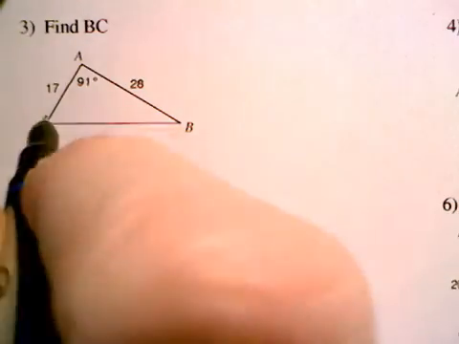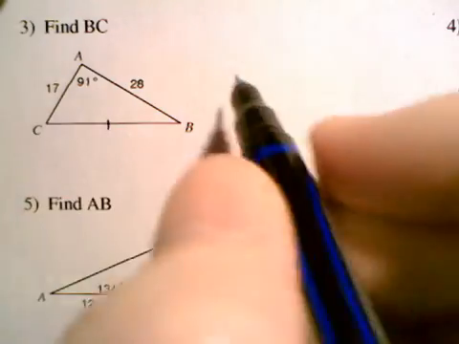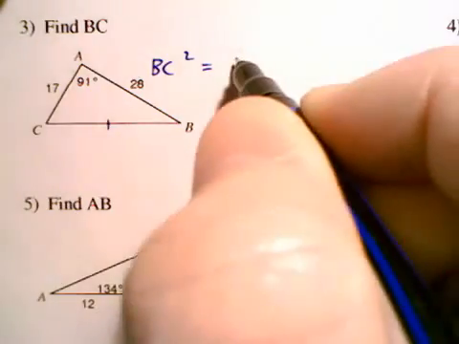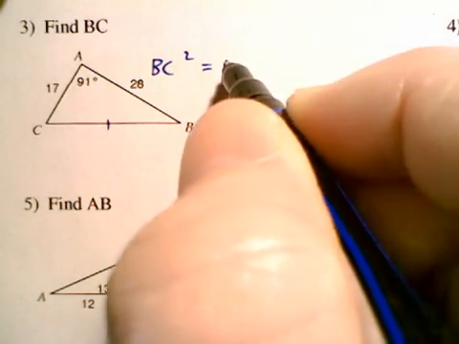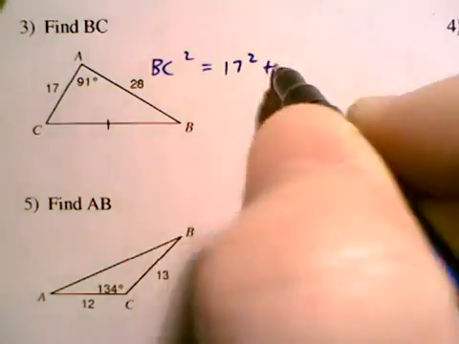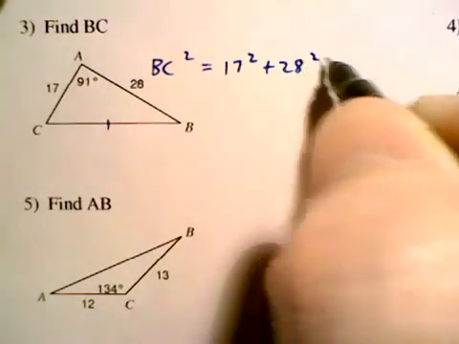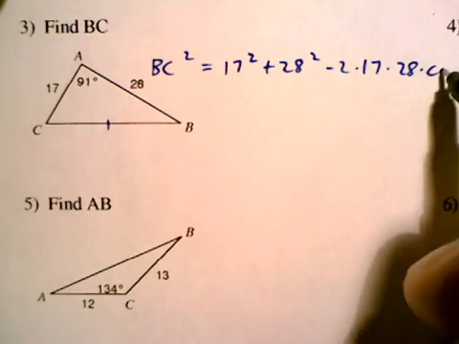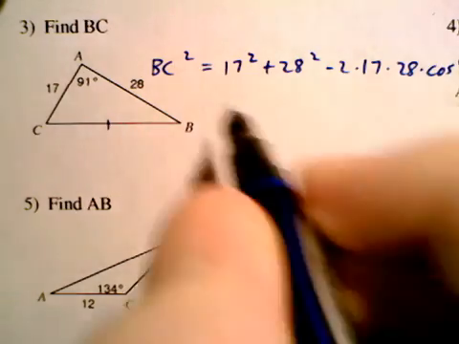Let's see here. I want to try to find BC. So this is the one I want. I have BC squared equals 17 squared plus 28 squared minus 2 times 17 times 28 times the cosine of 91 degrees.